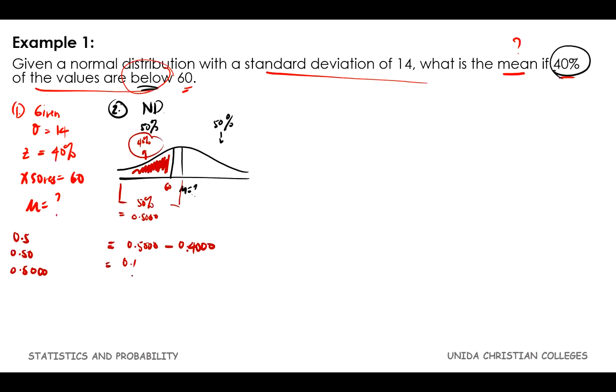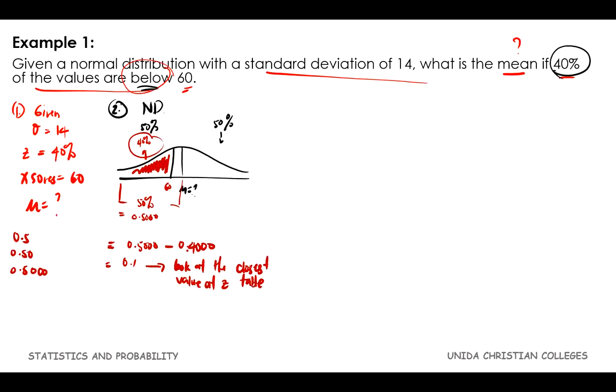Same lang din naman yung class, kasi 000, same lang po yun. Okay? So, we have 0.1, or 0.10, or 0.1000. So, ang gagawin natin after this, look at the closest value at the z-table.